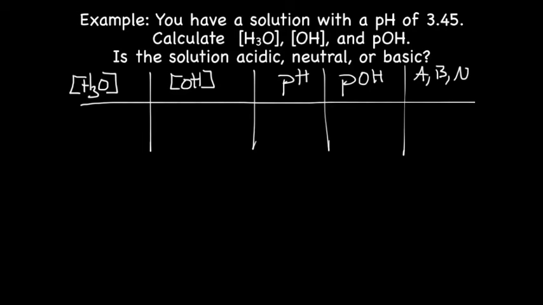All right, so this time our given is pH 3.45. And while we're here, since they gave us the pH, I'm going to go ahead and figure acid, base, or neutral and get that out of the way. And because 3.45 is less than 7, I'm going to say it's an acid. All right, so now what can I figure out knowing the pH?